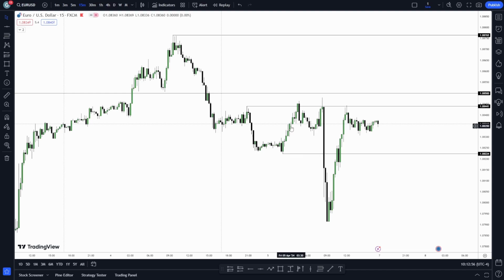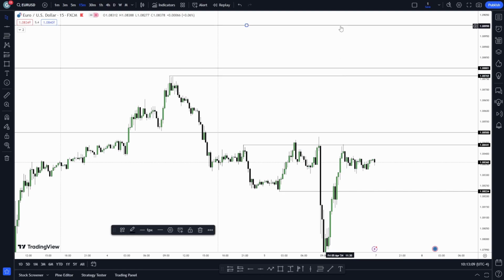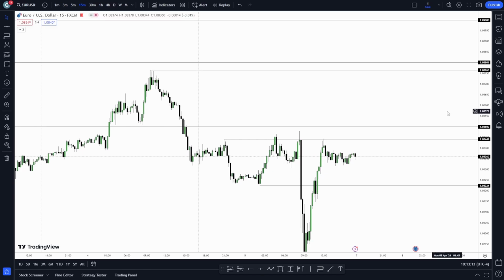The round psychological levels are this 1.08500, then 1.0800, and another one like this, 1.09000, okay. So these are the round psychological levels, all right.